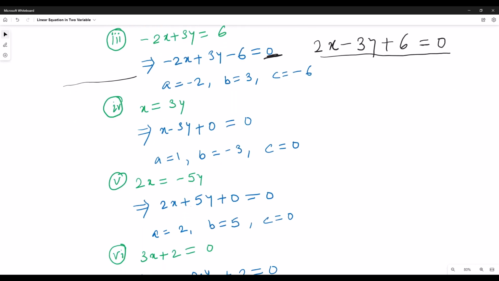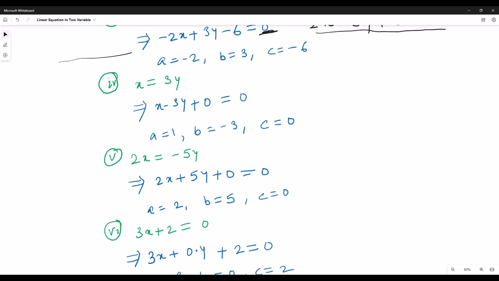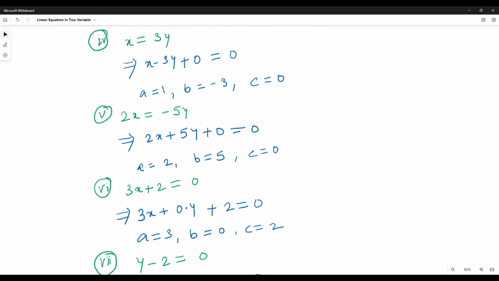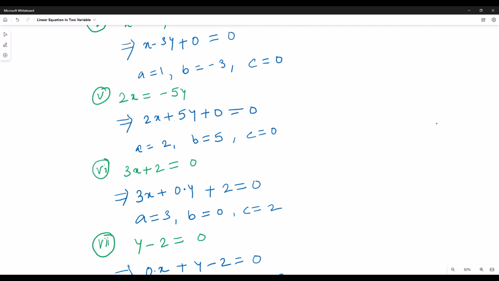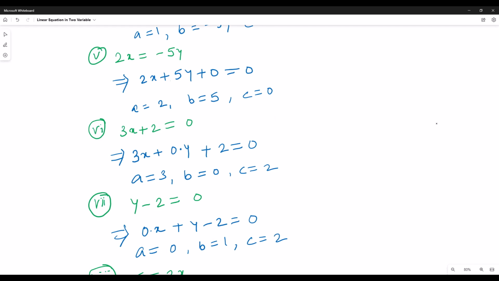x equals 3y. So x minus 3y plus 0. So a is 1, b is minus 3, and c is 0. 2x minus 5y. So here c in both of these is 0. 3x plus 2. This is what I was talking about. This is also a linear equation in two variables.